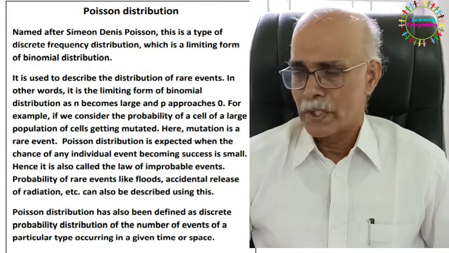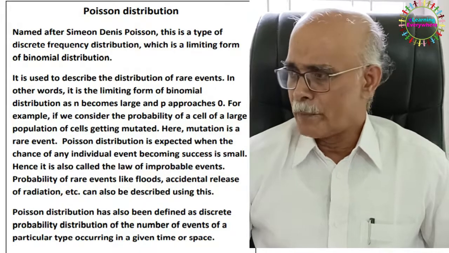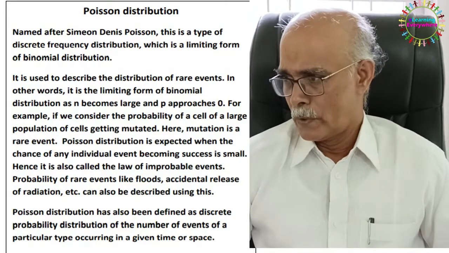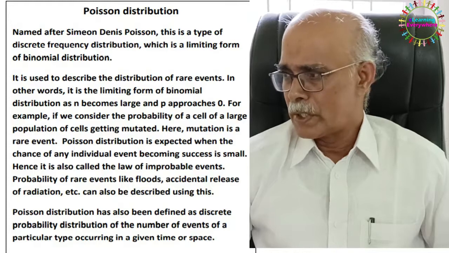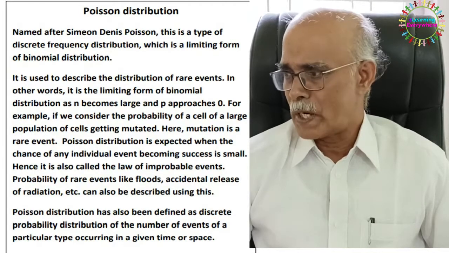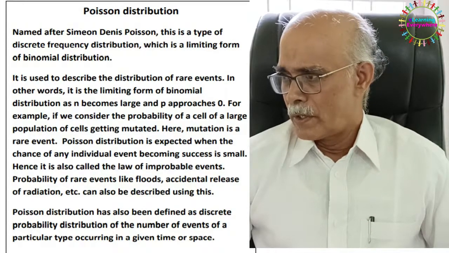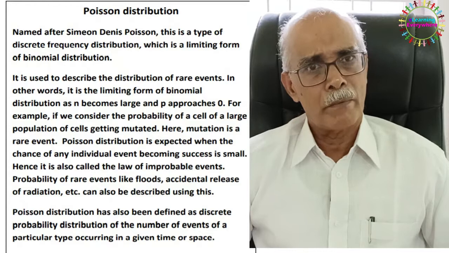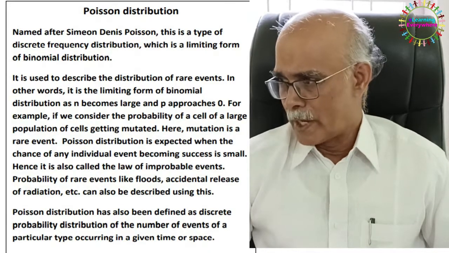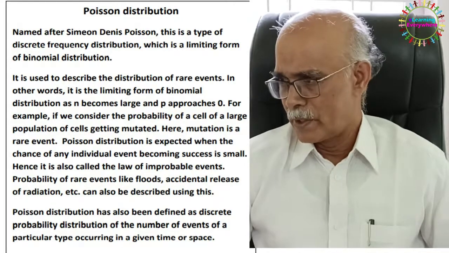In other words, it is the limiting form of binomial distribution as n becomes large and p approaches 0. For example, if we consider the probability of a cell of a large population of cells getting mutated, you can calculate the probability of mutation and the rate will be low, and mutation here is a rare event.